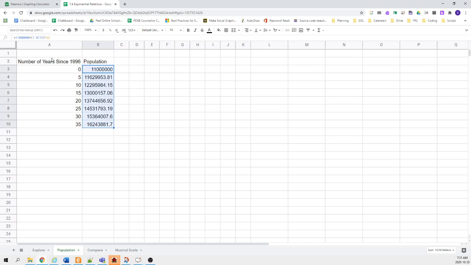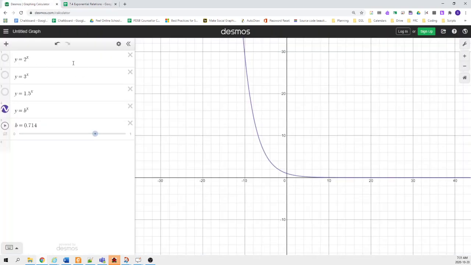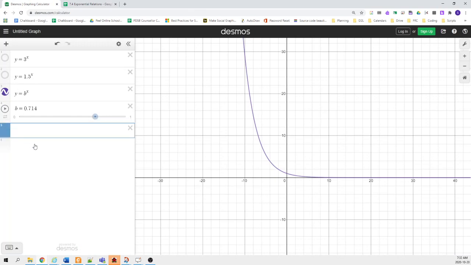So using this table of values, we could plot a graph, or we could use Desmos to graph it. So we use P for population.